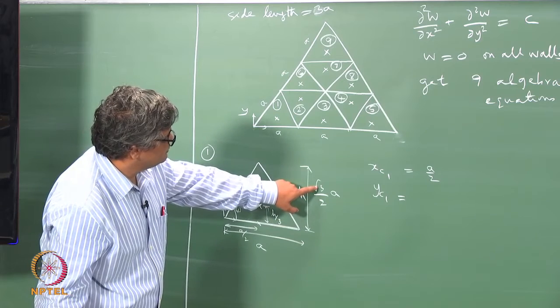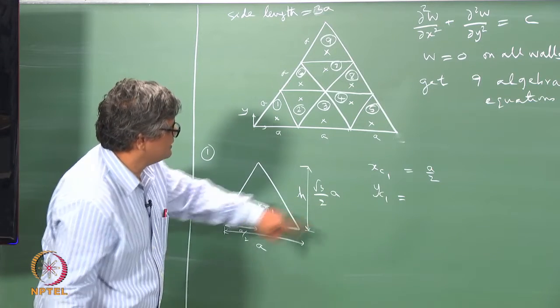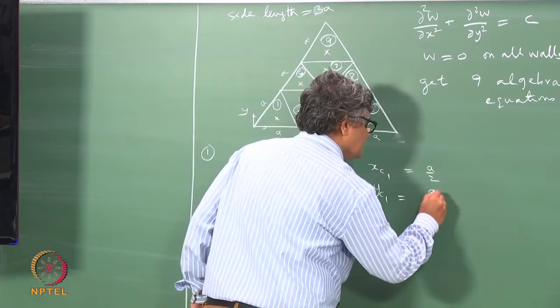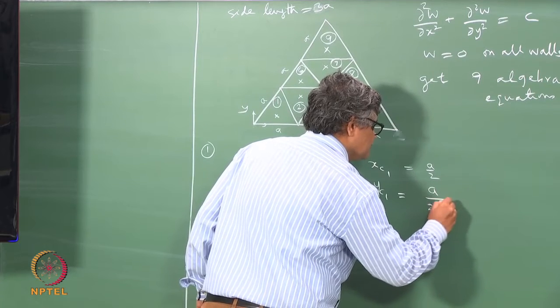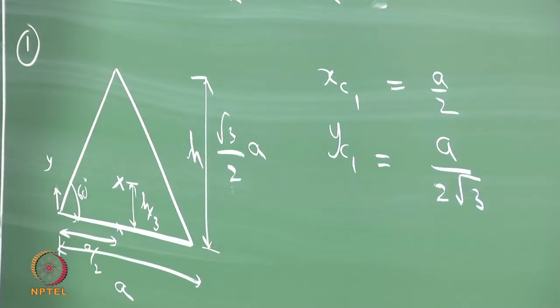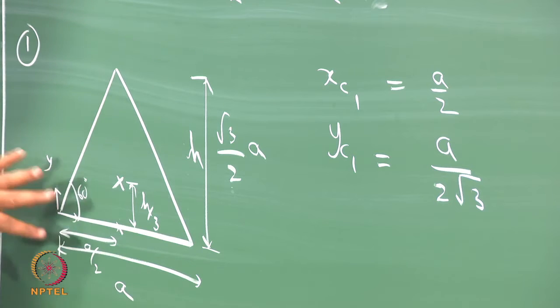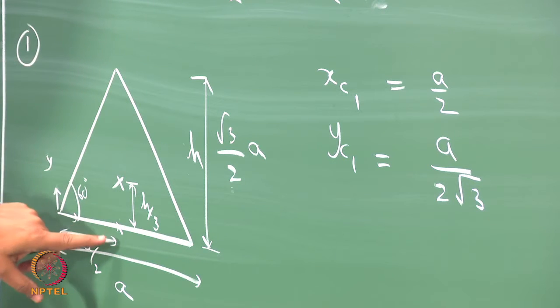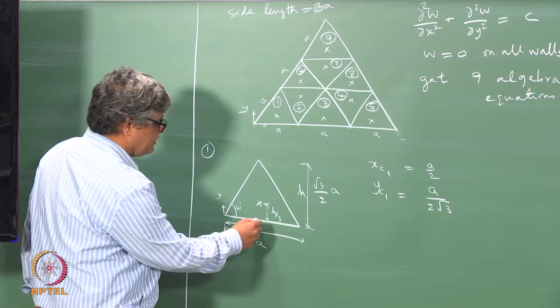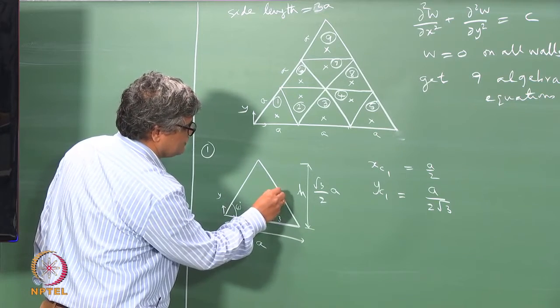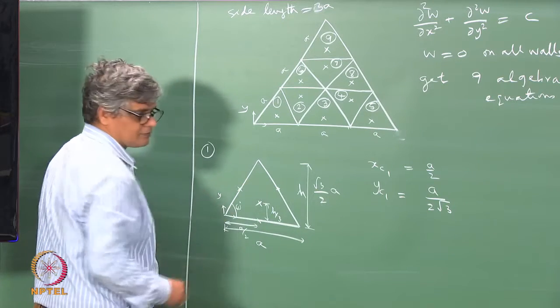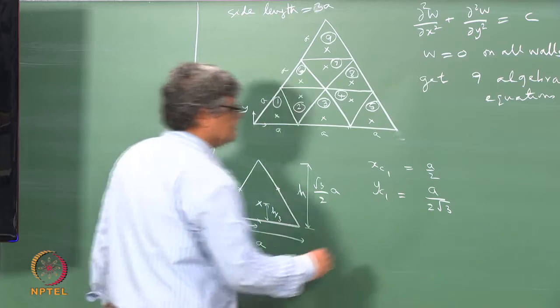So, square root of 3 by 2 times A divided by 3 is A by 2 square root 3. There are 3 sides to this, so we would like to define the midpoints of each of these.